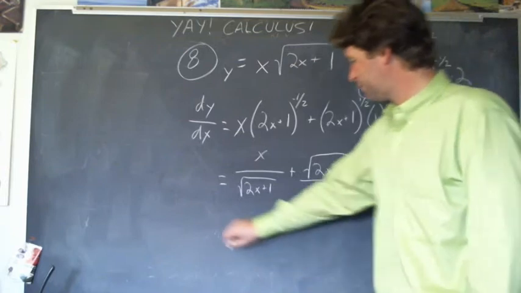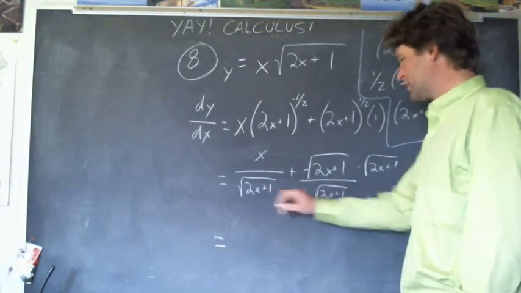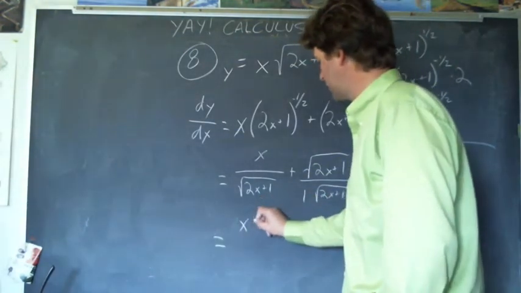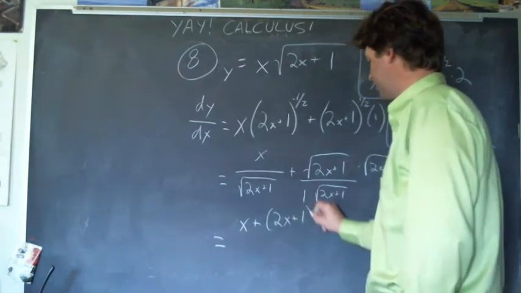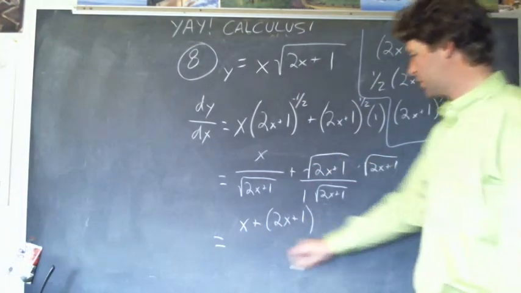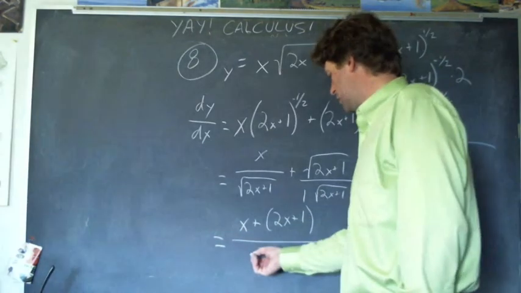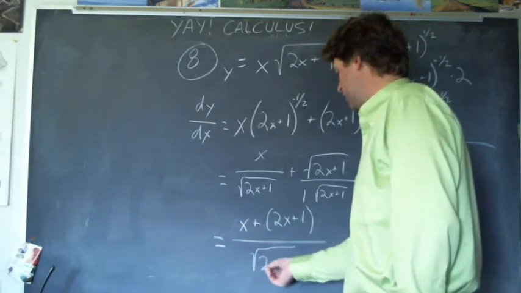Square roots will cancel. Bottoms are the same. So we just have x plus 2x plus 1, all over the square root of 2x plus 1.